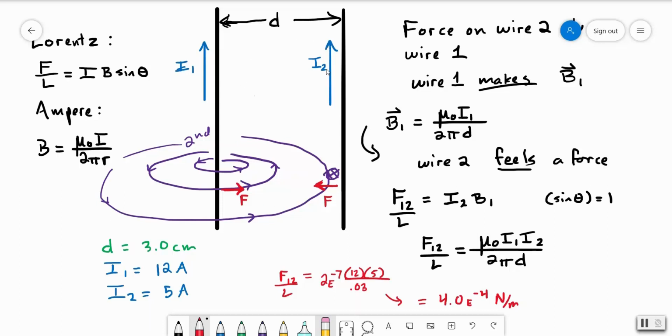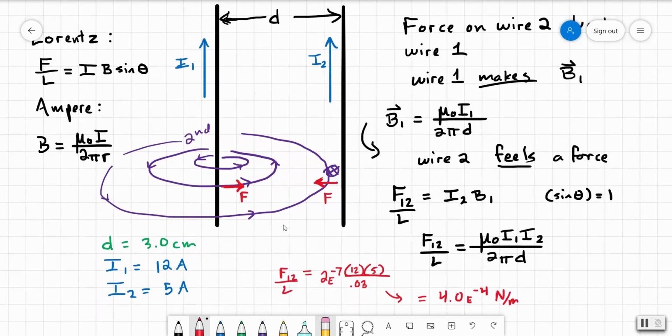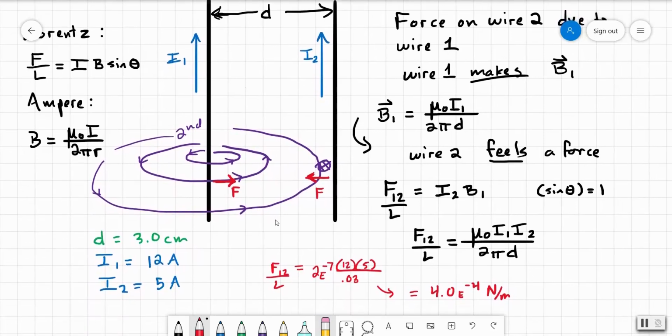But if we were to reverse either one of these currents, you can work out that first right-hand rule again, and you would find that two parallel wires with opposite flowing currents will actually repel from one another. So if you can remember that, fine. If not, that's okay too. I always have trouble remembering that kind of thing, and I just sort of work through the right-hand rules to make sure that I don't get it wrong.